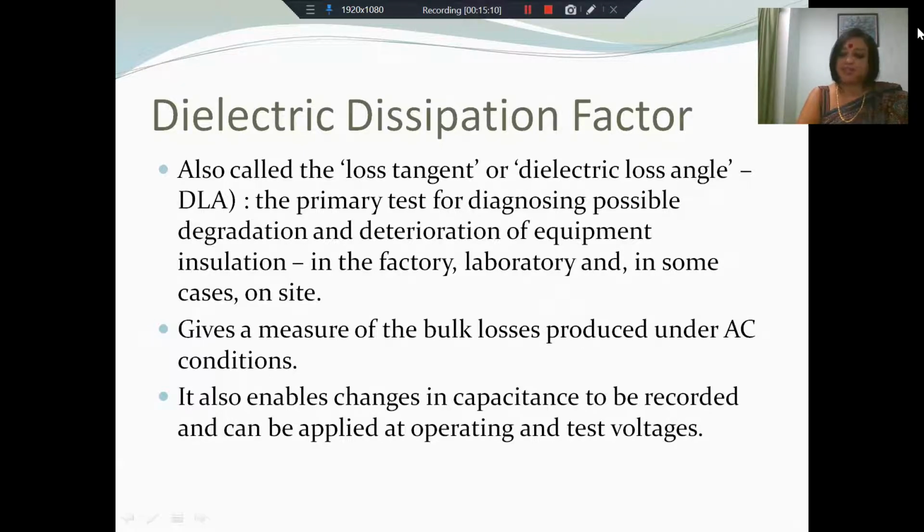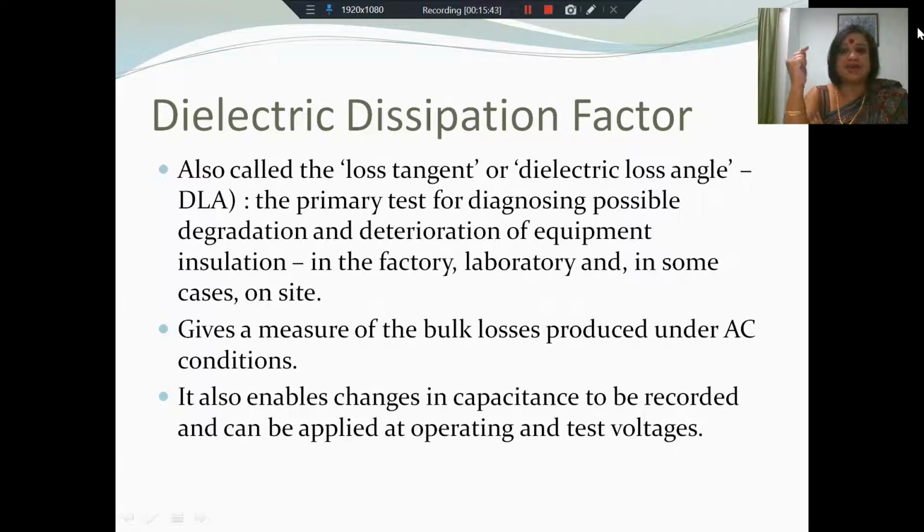It enables changes in capacitance to be recorded and can be applied either at operating voltages or at prescribed test voltages, which may be much higher. So you can have an estimate of the losses in the system under AC operating conditions. Most often, we are not really interested in the absolute value, but in the trend. So let's say we have an insulation system, and we keep measuring the dielectric dissipation factor.